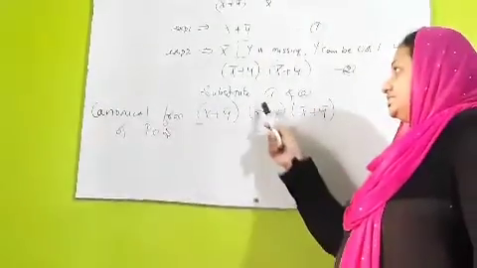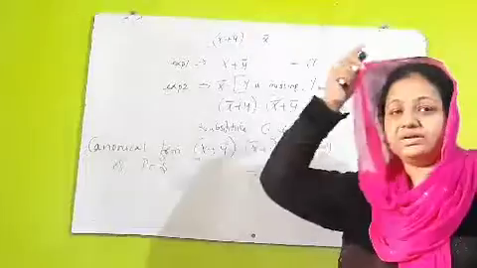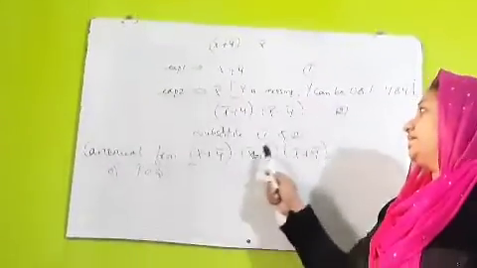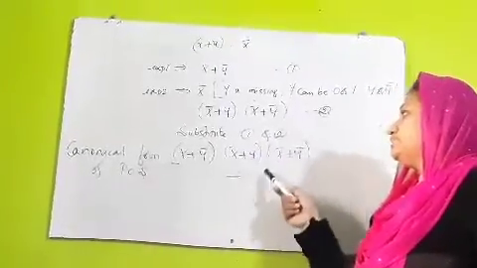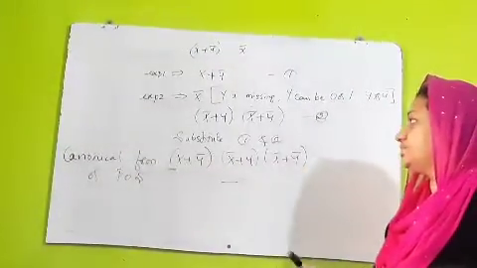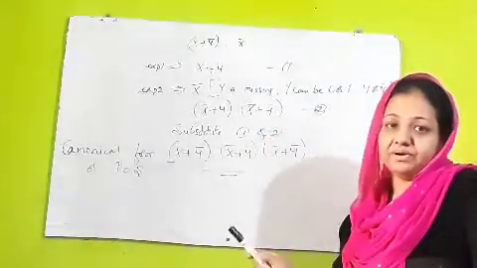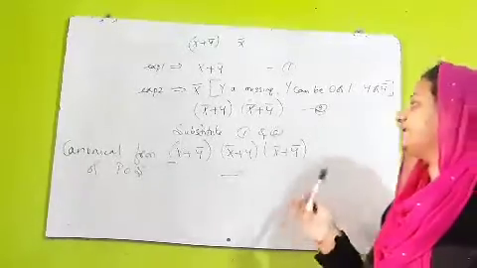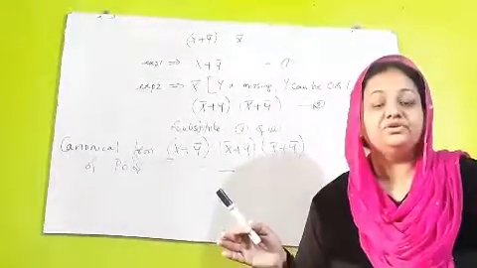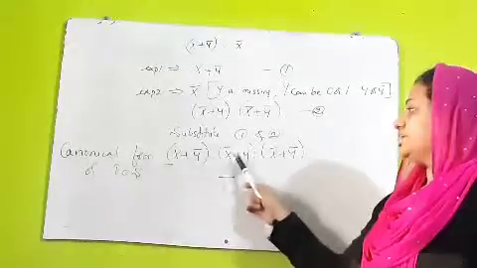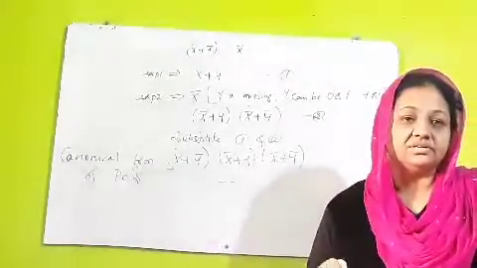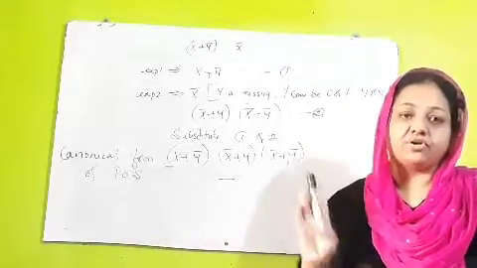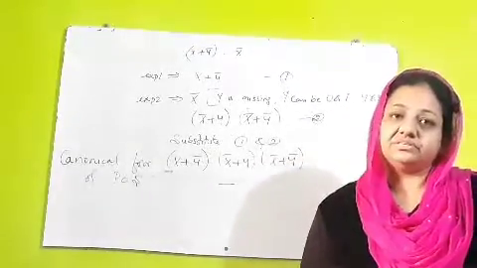Now let us substitute. Expression 1 is x plus y bar, expression 2 is x bar plus y, and expression 3 is x bar plus y bar. Let us substitute all three and see if there are any duplicate terms. As we can see, there are no duplicate terms. Therefore, this is the canonical form of POS, product of sum expression.